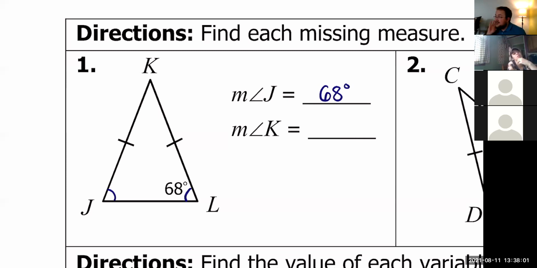Subtract both of those from 180. We know that the total sum should be 180 minus 68 degrees minus another 68 degrees. So we get 44 degrees.